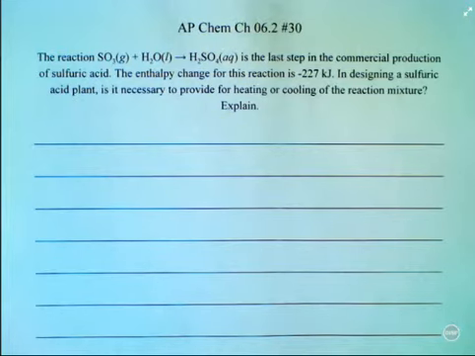So if the reaction is absorbing heat from the surroundings, meaning it's endothermic, we're going to have to heat the plant or else it's going to get infinitely cold. If this reaction is releasing heat into the surroundings, exothermic, we're going to have to cool this plant in order to keep it from becoming so hot that it's unworkable.